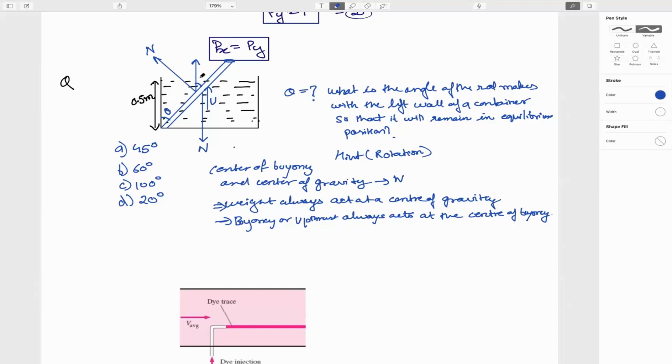One mistake that I am going to make: that is normal to the rod, not the normal reaction. Because it is balanced from here, the normal will go here.